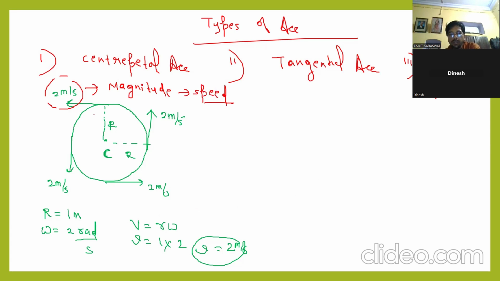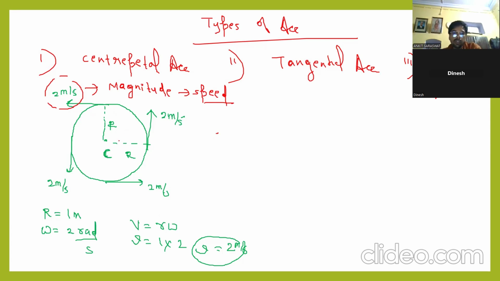Speed is constant, but the direction is changing. Clear? Then it is accelerated motion. Now, who is responsible for the change in the direction? Who is responsible for the change in direction?